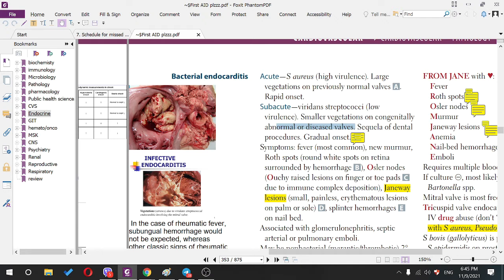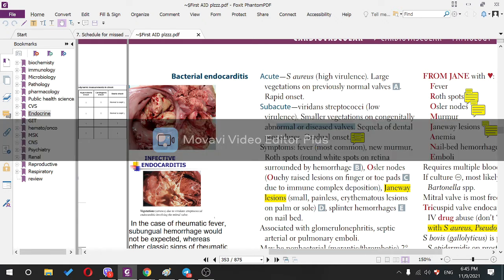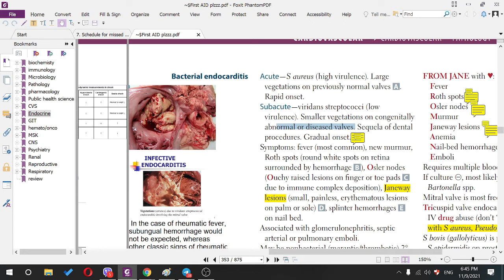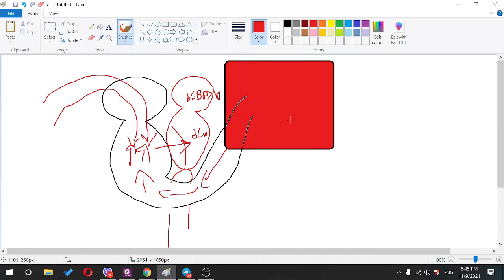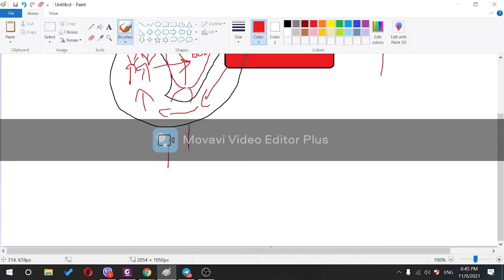Why would someone with coarctation of the aorta have a higher risk of endocarditis, guys? We spoke about it. Well, yes, more stasis. In case of coarctation of the aorta, we had it like that. Well, this is an aorta, let's say, and it's occluded somewhere like right here, and then it becomes big again.